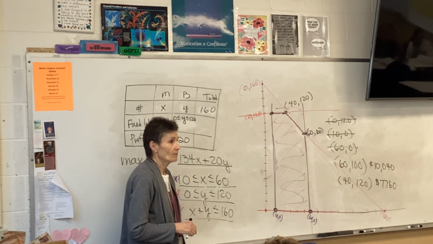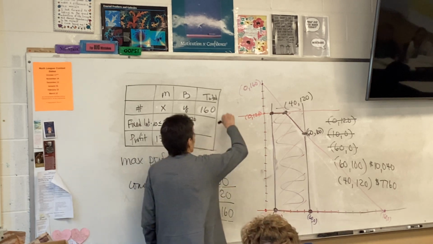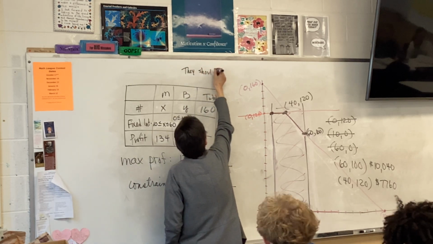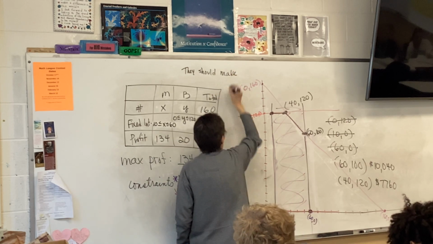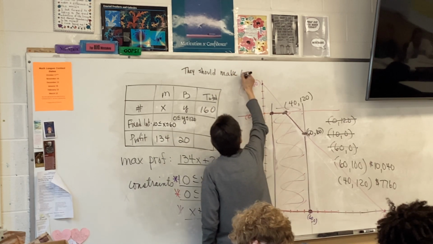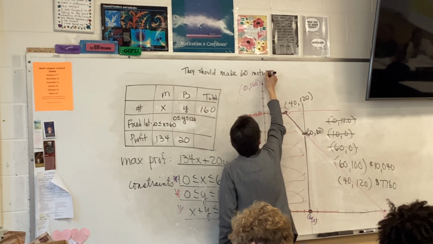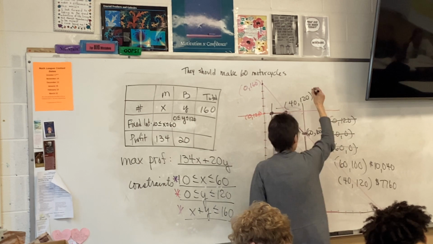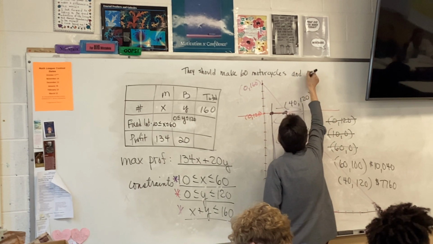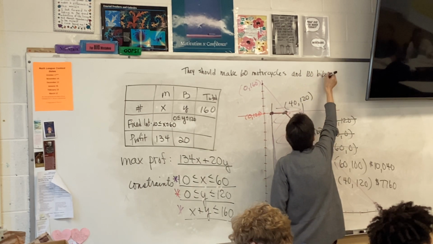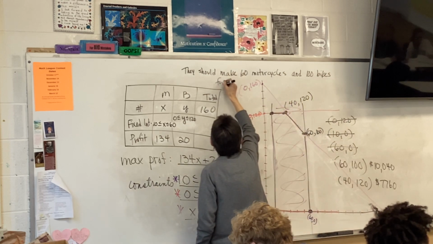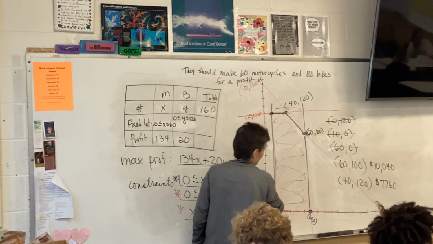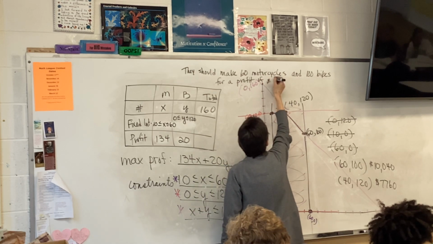So what are we gonna tell these people to do? They should make 60 motorcycles and 100 bikes for a profit of $10,040.